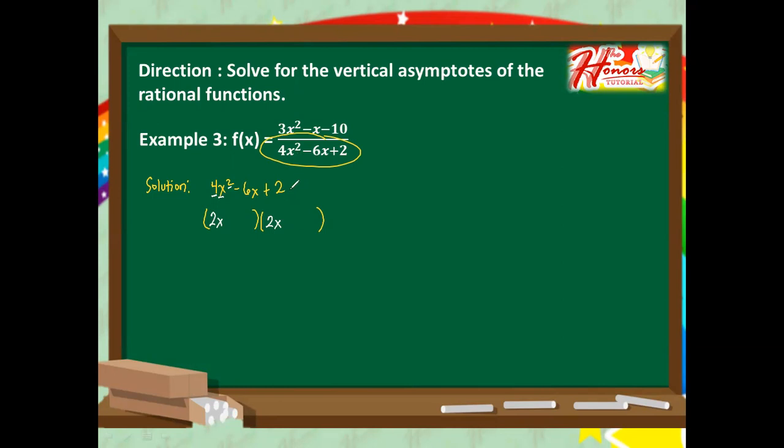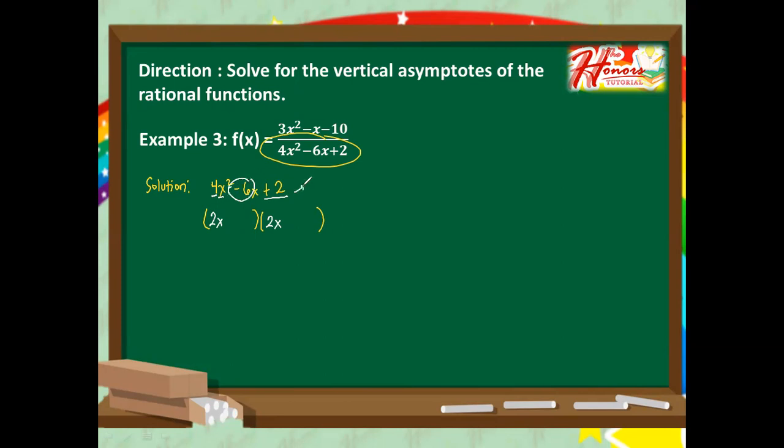And then, for us to get the second term for each parenthesis, I want you to focus on the third term and then think of factors of positive 2. But you have to consider that we have here a negative symbol at the middle of our equation.